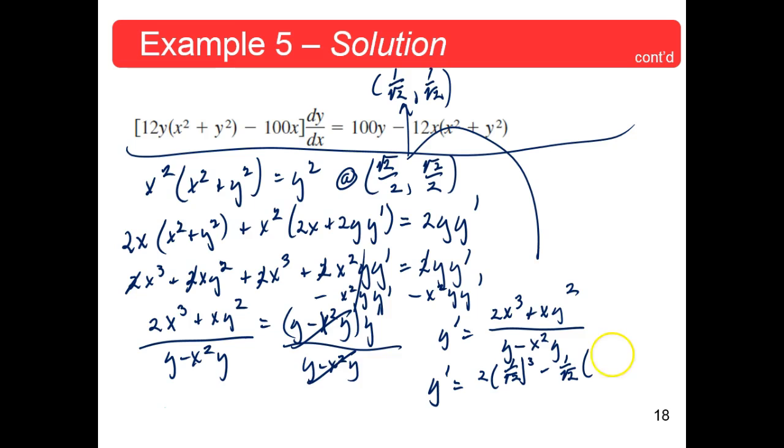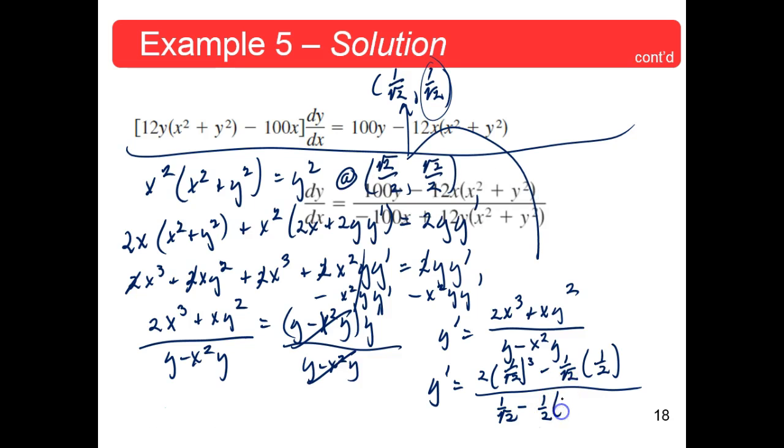Y squared. 1 over 2. Yeah, that's 1/2. Okay? Over 1 over root 2, that's your y, minus, and x squared is 1/2 times 1 over root 2.